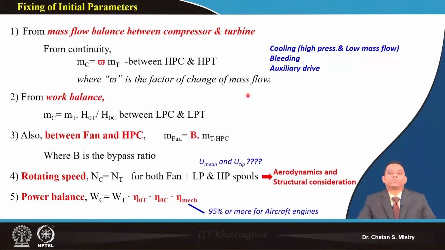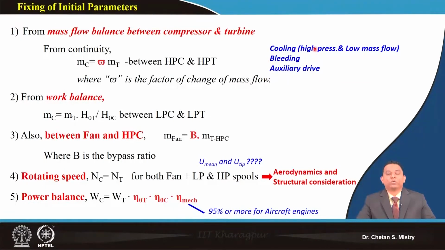Some fraction, maybe 2 to 5% of air, is used for cooling. In some special applications for commercial aircraft, some amount of air is taken for bleeding purposes. When flying at high altitude, the pressure within the aircraft falls, and in order to maintain the cabin pressure we use this bleed air, which comes out from the high pressure compressor.